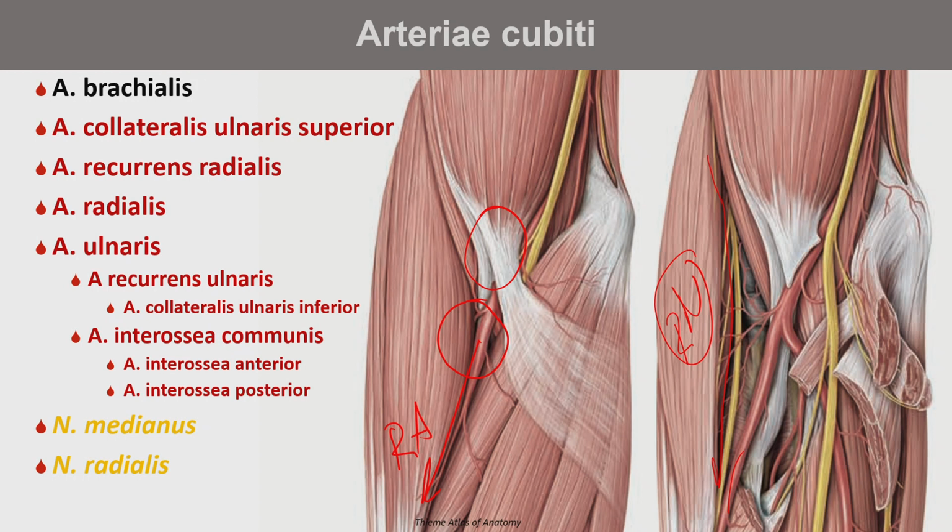On the other side of the anterior cubital region, we can also palpate the artery medially from the insertion, and this is a site where we have the second nerve, not ulnar, but median, nervus medianus.